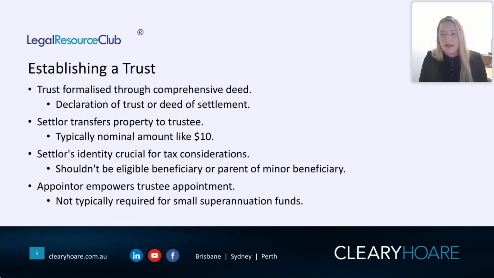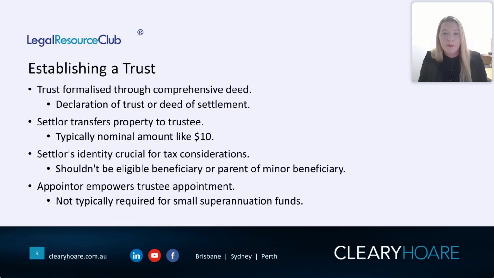On the flip side, and in most instances, you will be going down this latter path. You will just have a deed of settlement. That's where you will have the settlor set up the trust, put in some trust property, being a $10 cheque, and then whatever trust property it acquires in the future, whether it's through buying assets in the trust or transferring assets into the trust, that's how you would build up the trust property.